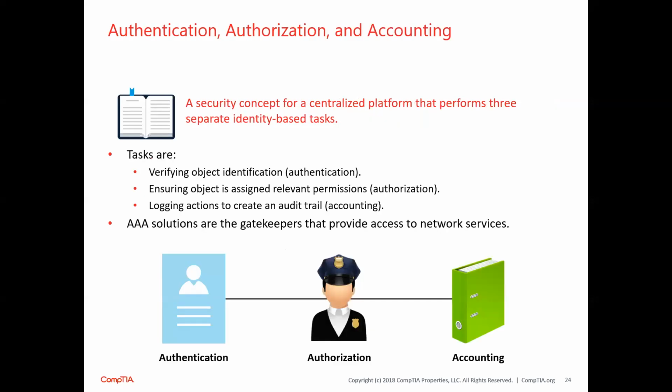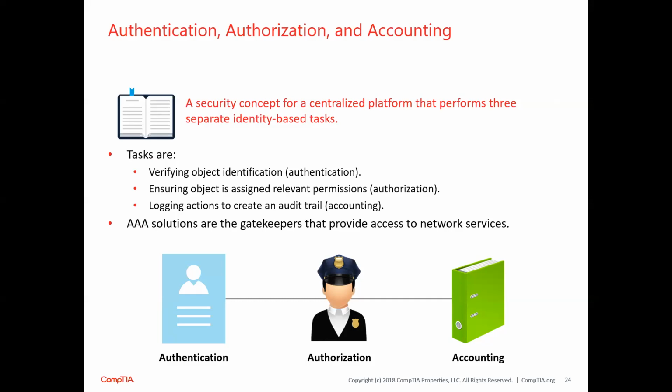And how about AAA? What does AAA mean? AAA stands for authentication, authorization, and accounting, a security concept for a centralized platform that performs three separate identity-based tasks: authentication, verifying object identification; authorization, meaning the object should be assigned relevant permissions.